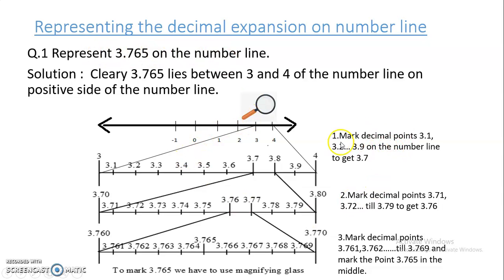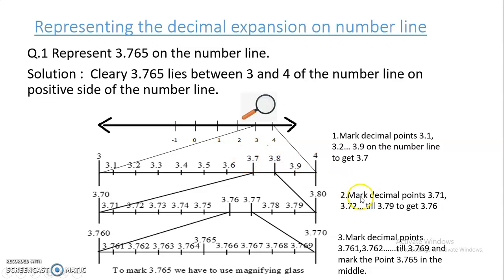So first you have to concentrate only on the first number 3.7 and divide 3 and 4 into 10 units. Then mark the first decimal over here.